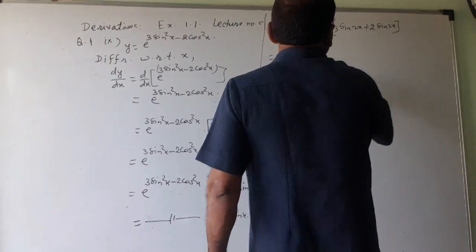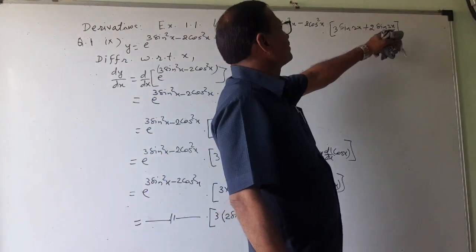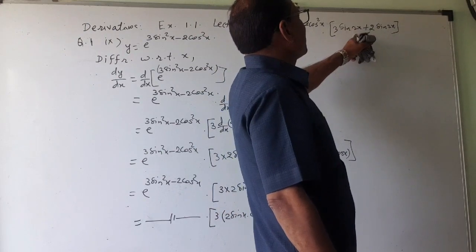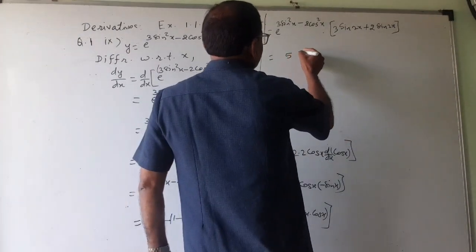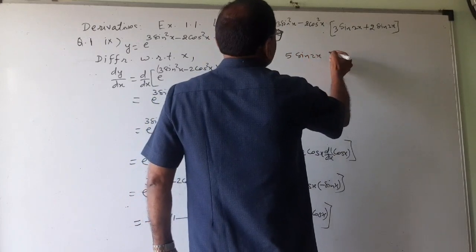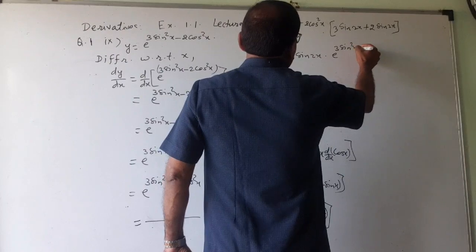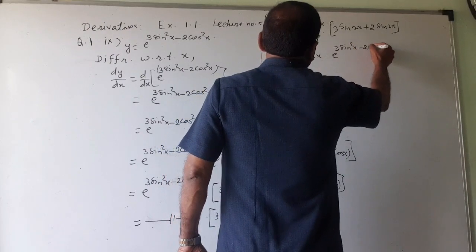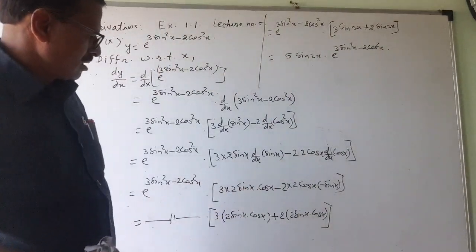So sin 2x is common. Now 3 sin 2x plus 2 sin 2x is equal to 5 sin 2x into e raised to 3 sin square x minus 2 cos square x, and this should be the final answer.